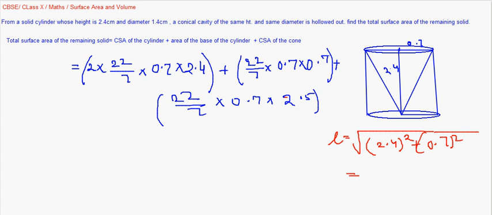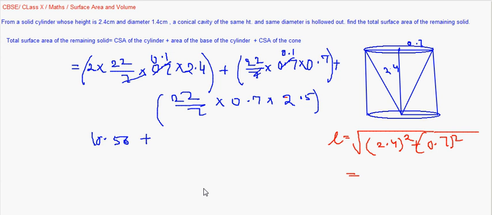Now to substitute and calculate, I'm getting this as 0.1. Calculating this is 44 into 0.1 into 2.4. That's giving us 10.56.